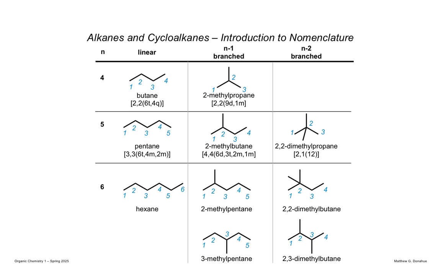So here is just a table summarizing that. The numbers in blue are the location numbers, or locant numbers. And then we have the uniqueness set in what I've done.